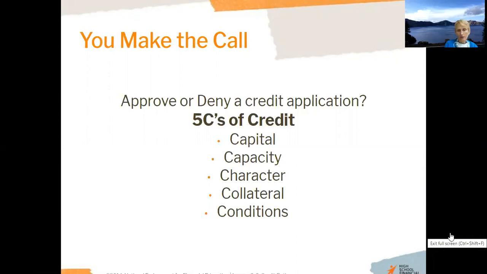And then collateral, again, thinking about different kinds of loans and the percentage rates. If you are trying to borrow money for a car compared to just getting a personal loan, you're going to get the car loan for a lower percentage because there's less risk.